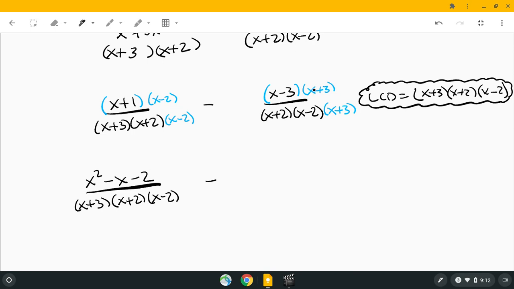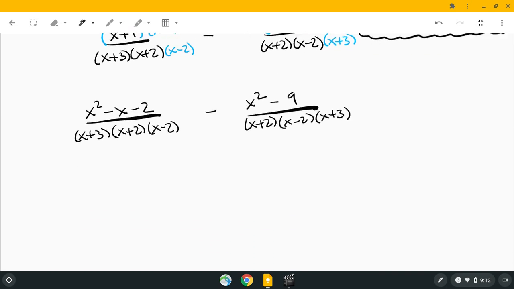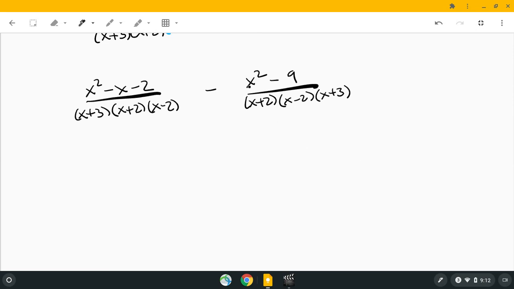Okay, over here, x squared. And then I'm going to do outside positive 3x, inside negative 3x. That's 0. And then negative 9. Okay, and now that I finished multiplying, I can go ahead and combine like terms, but watch your subtraction. x squared minus x squared is 0.